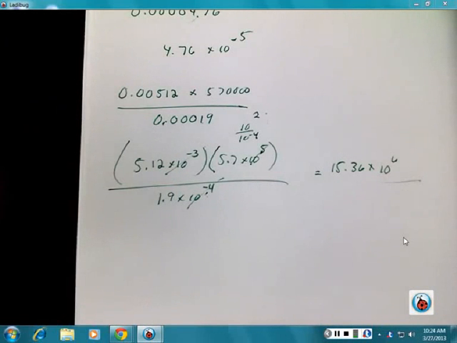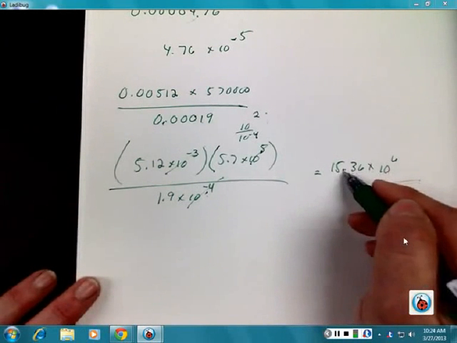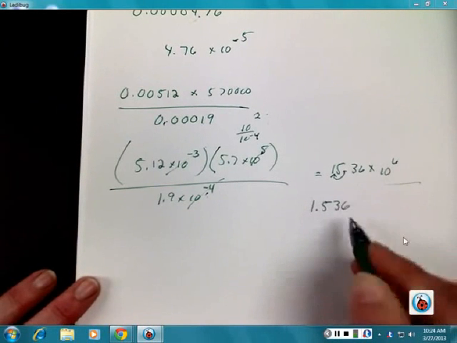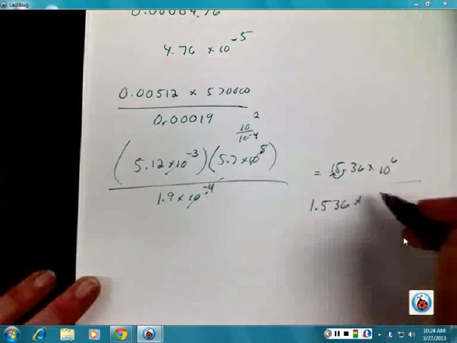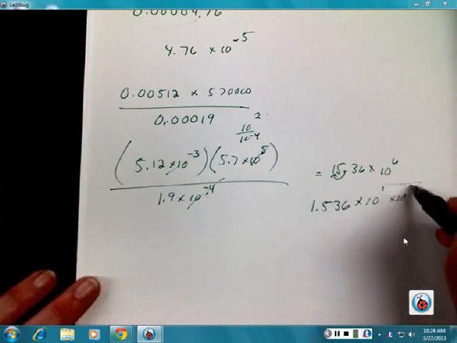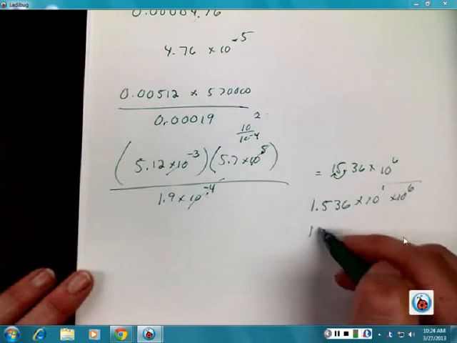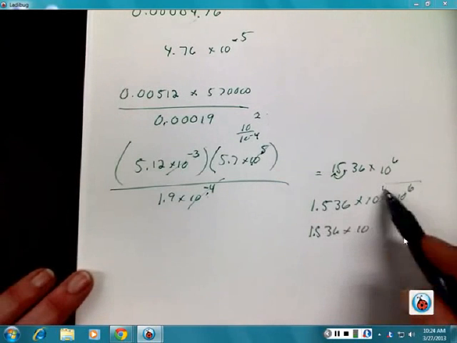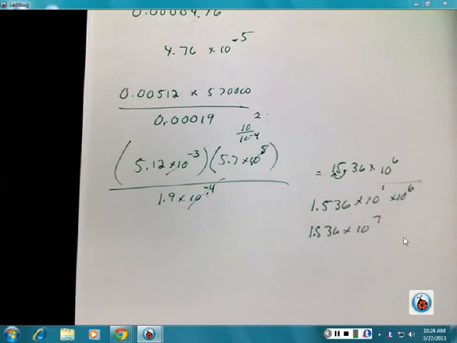Wrong, because it's not reduced or not in full scientific notation, because my rule with scientific notation is I can only have one number in front of it. When I move that over, that gives me another 10 to the 1st power because I moved it one place. So really, my true answer is 1.536 times 10 to the 1st plus 6, which is 10 to the 7th power.